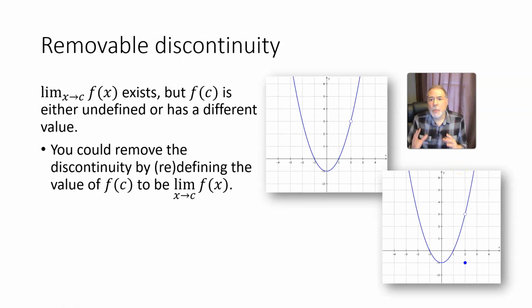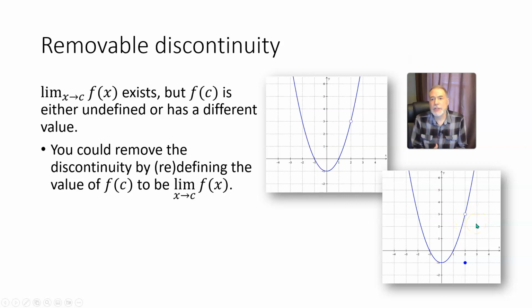And we can get a little bit more specific about why a function is discontinuous, or what kind of discontinuity it is. A removable discontinuity is one where the limit does exist, but right at that point, the value of the function is either undefined or it has a different value from what the limit is. It could be undefined at 2, or it could be defined to be something different at 2 from what's going on when x is close to 2.